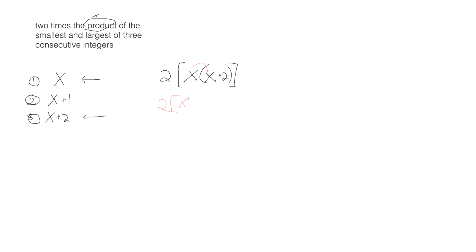It's like there's an invisible 1 here and an invisible 1 here. When you multiply, you keep the x as the base and add the exponents. So 1 plus 1 gives us this 2, x squared. And now x times 2 is 2x.